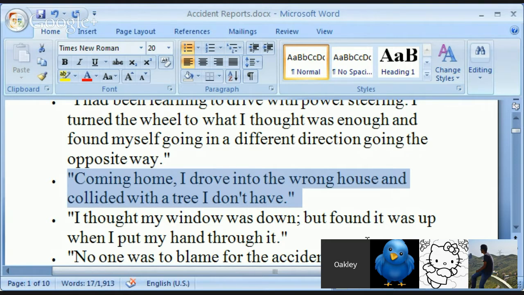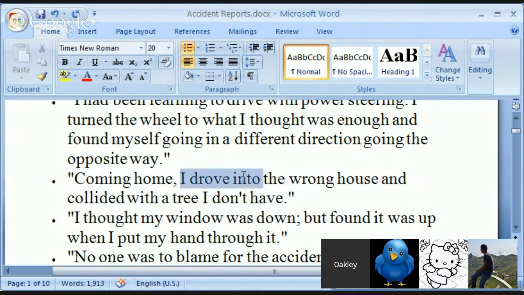Well, first of all, okay, you're right. You're not really supposed to drive into a house. This is a very strange preposition to use here. If you're into a house, that means you're inside the house. So that's a very bad place to drive.